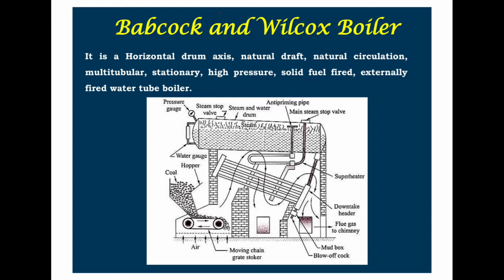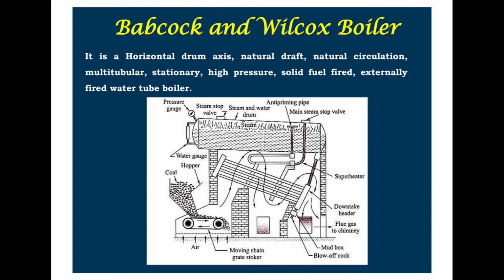carry the heat through the water tube, and then the steam is further generated to the superheated condition through the superheater, and the downtake header is also located at the end of the water tube. Flue gas finally exits to the chimney.